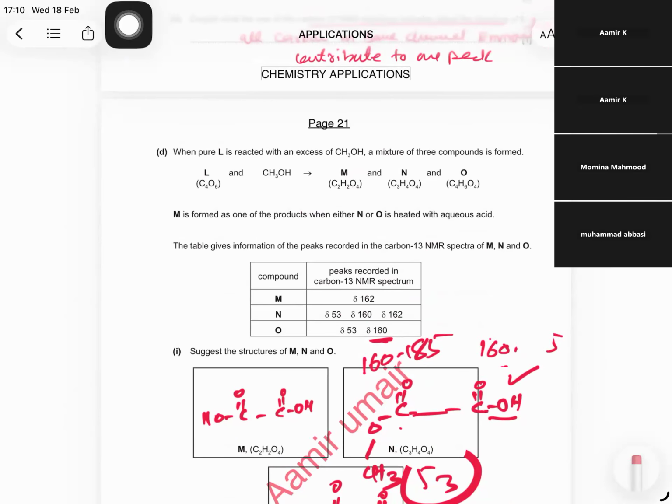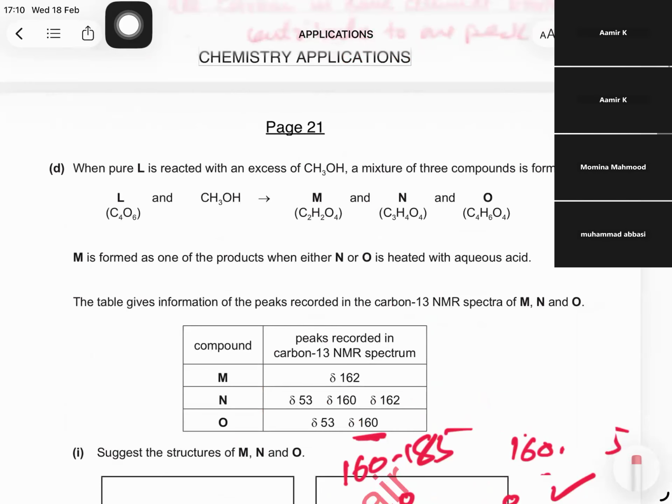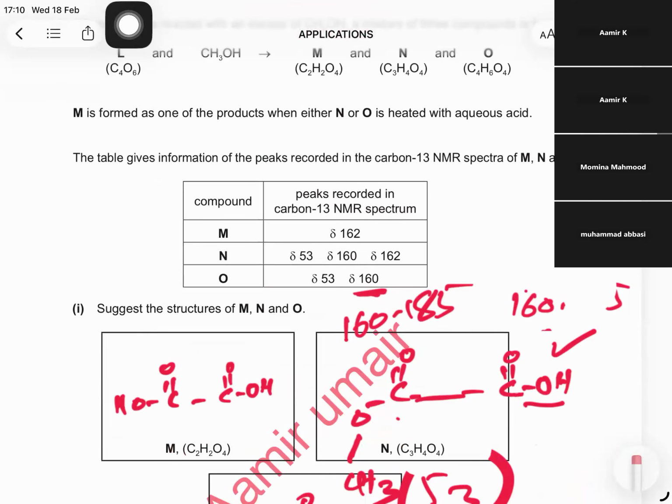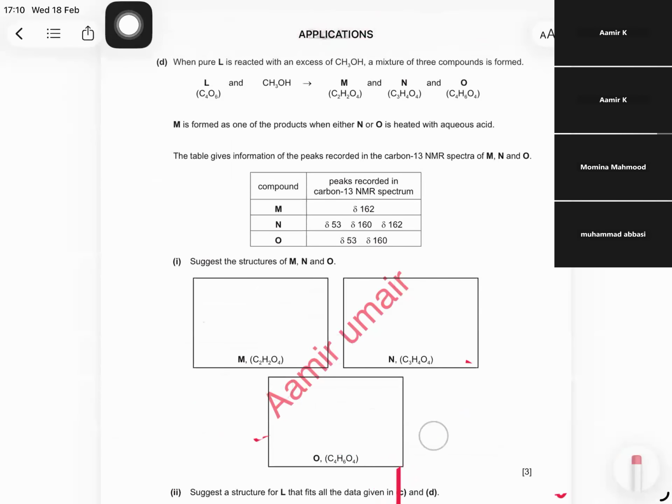Okay. When pure L is reacted in the presence of CH3OH, a mixture of three compounds is formed, M, N, and O. M is formed as one of the products when either N or O is heated with aqueous acid. The table gives information of the peaks recorded in the carbon-13 NMR spectrum of M, N, and O. Okay, so here are the peaks.